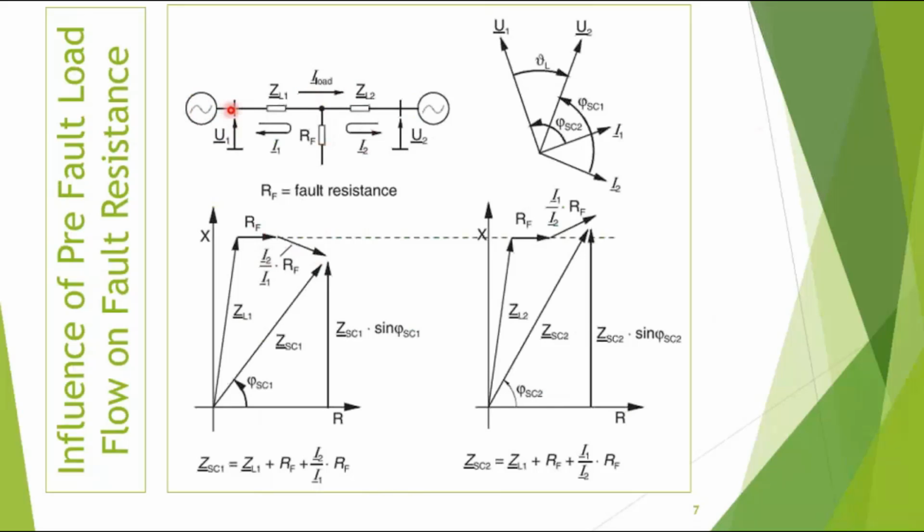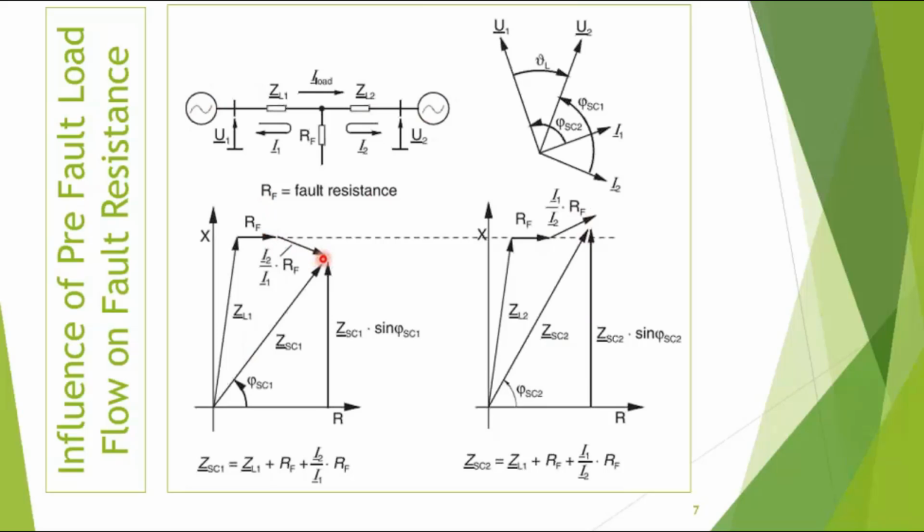What is pre-fault load flow? It is based on the angle difference between U1, the sending end, and the receiving end. U1 might be leading, U1 might be lagging. If U1 is leading U2, then load flow will be from U1 to U2. If U1 is lagging U2, then from U2 to U1. So depending on that, the fault resistance will come down or go up as shown in this diagram.